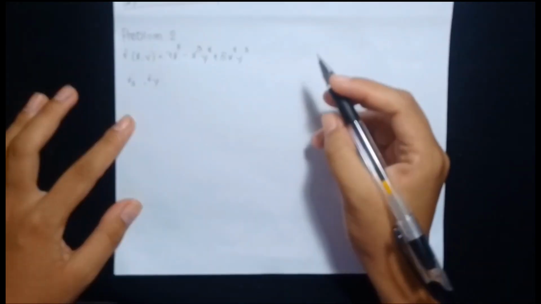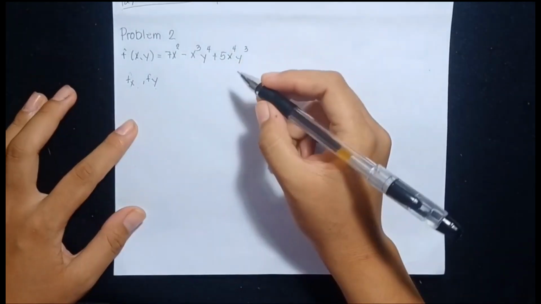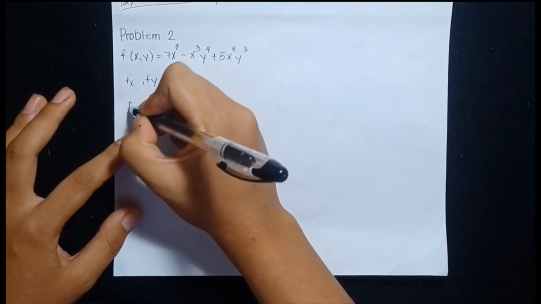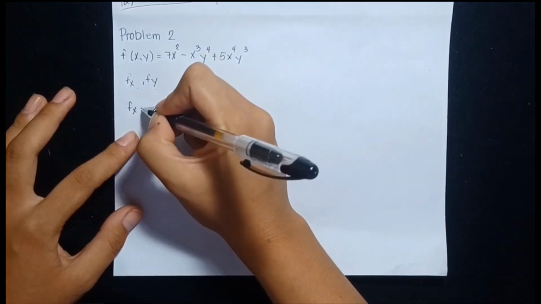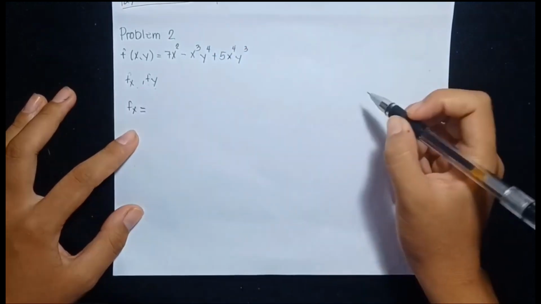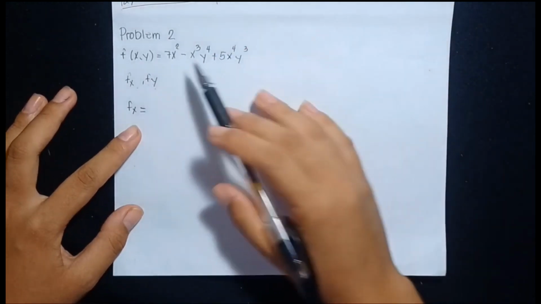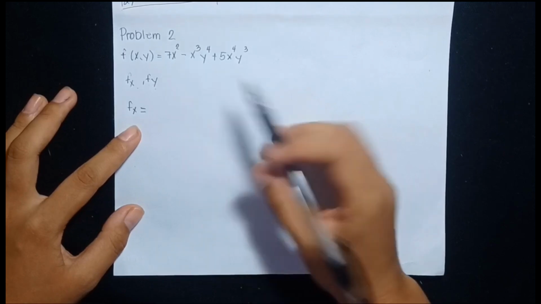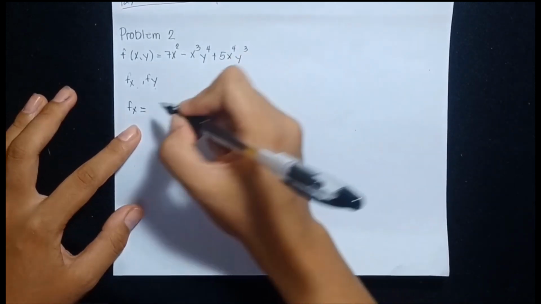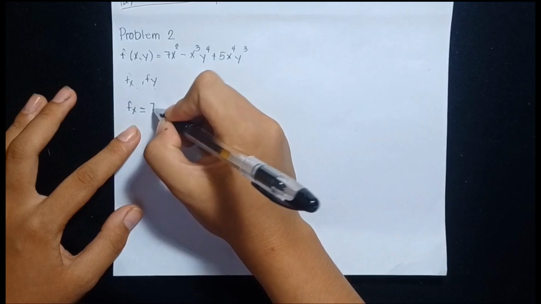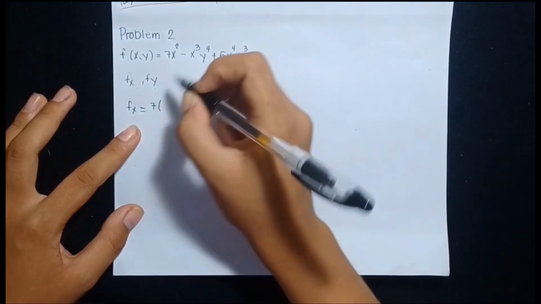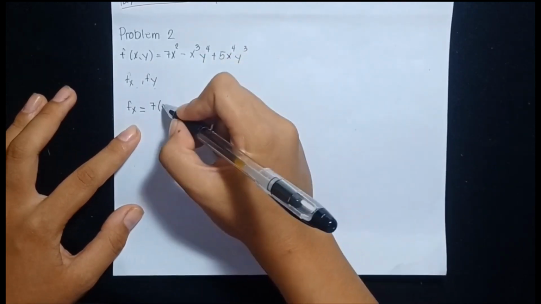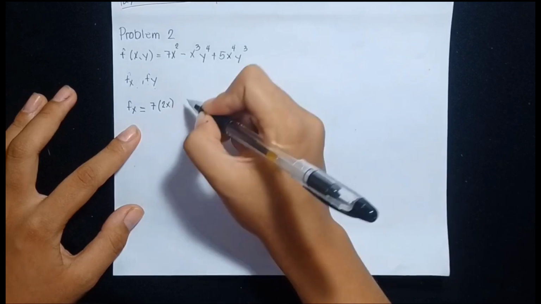So we will first differentiate for f sub x. What is the derivative of 7x squared? 7 is a constant, so we will just write the 7, and the derivative of x squared would be 2x.